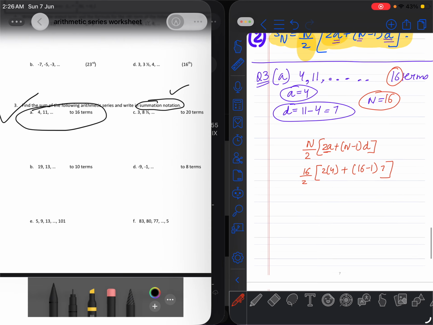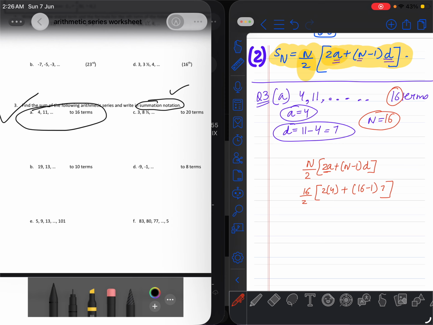We open the bracket: 16 upon 2 means 8, 2 into 4 is 8, 16 minus 1 is 15, 15 multiplied by 7 is 105.